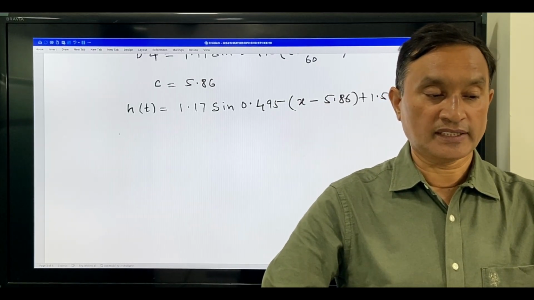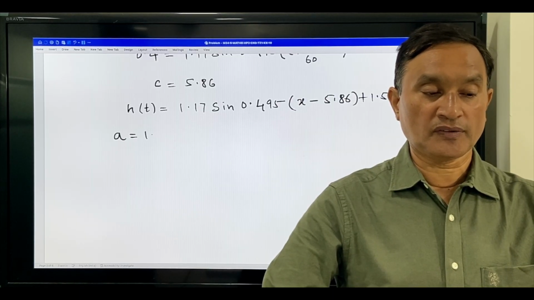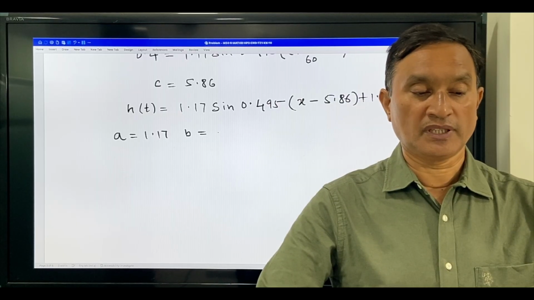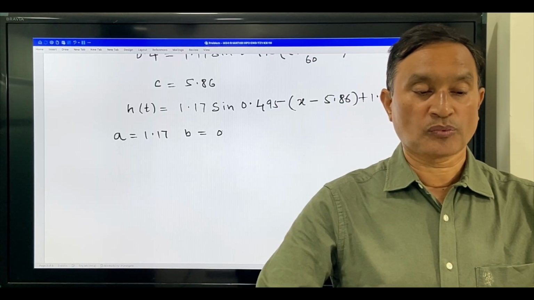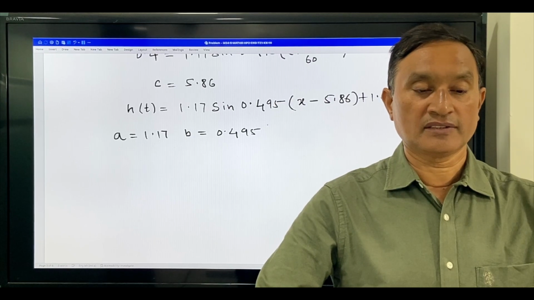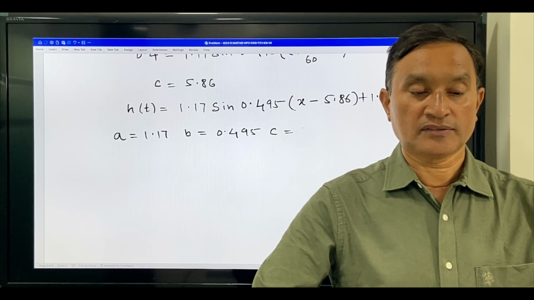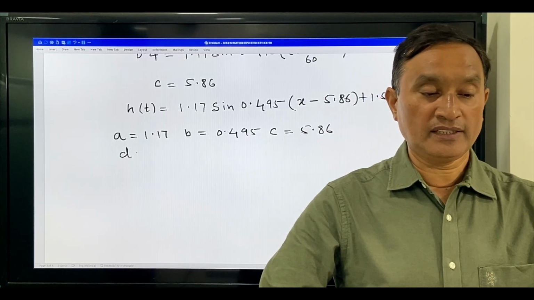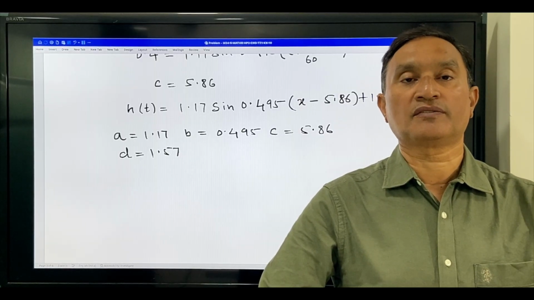So you can see here the value of a would be 1.17, b equals 0.495, the value of c is 5.86 and the value of d is 1.57. So this is the answer of D part.